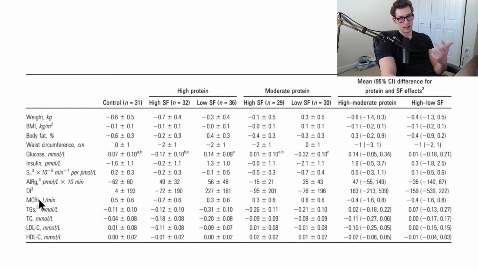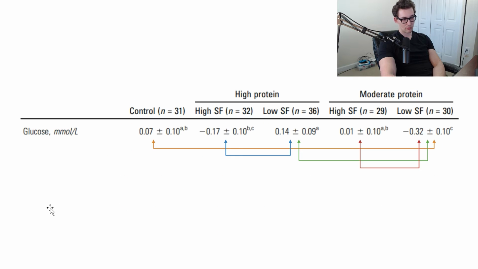So how quickly can you clear insulin, clearance rate. Triglycerides, total cholesterol, LDL cholesterol, HDL cholesterol, none of those changed for any of the diets. At least by the comparisons that they're going to be doing. So let's hone in on the one thing that actually changed right here.